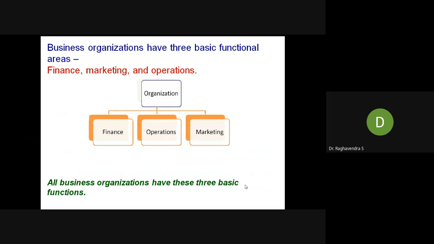Operations will be taken care of by specialists, maybe production engineers, manufacturing engineers, or design engineers, whoever it is. Marketing will be taken over by the sales people from the marketing department. So all businesses have these three basic functions, wherever you start, visit, or go and see the organization.